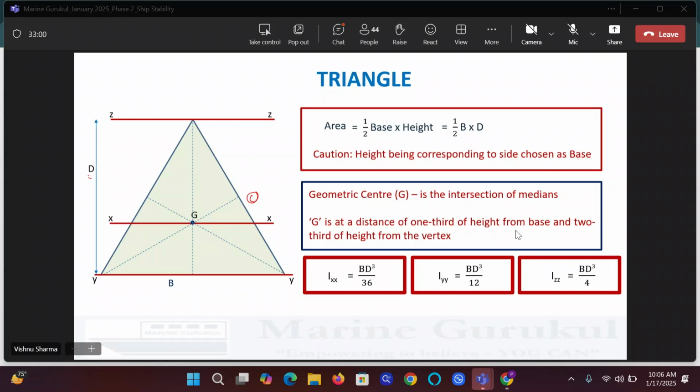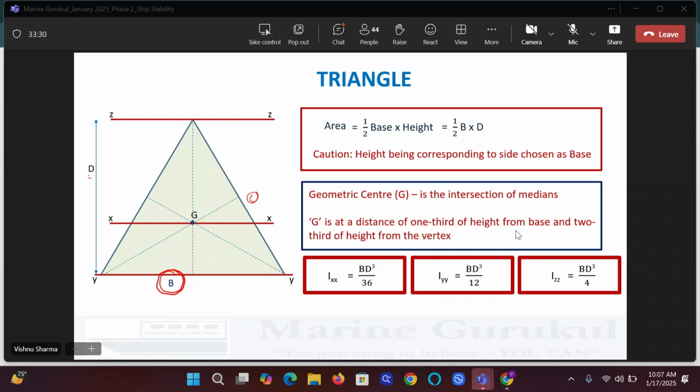Sir, you said one third of h and vertically two-thirds of h, I didn't understand. Where is the geometric center of this triangle? Can you tell me which point represents the geometric center? G. If I take base B, then what is the height of the triangle corresponding to base B?